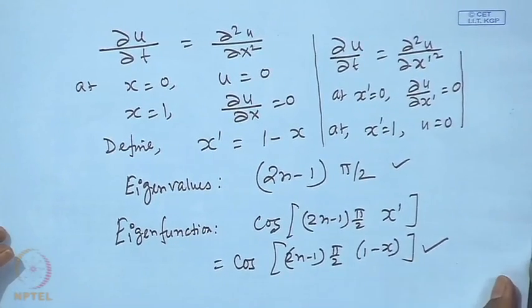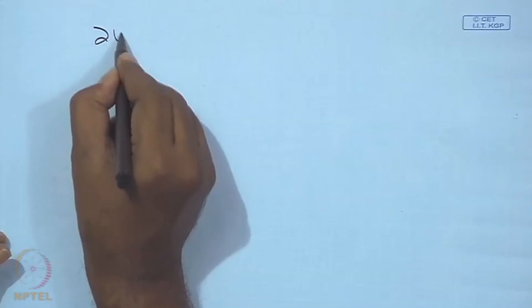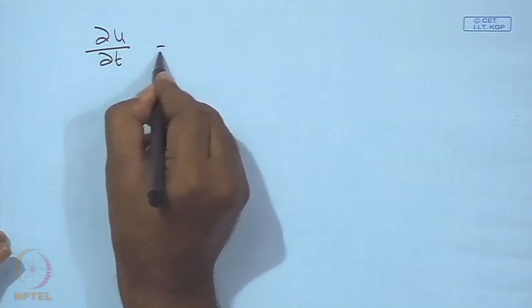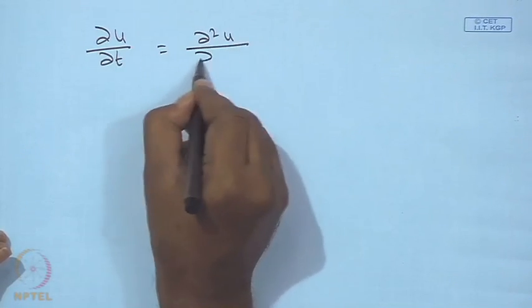Now, if you have a mixed boundary condition, let us look into that. Del u del t is equal to del square u del x square.